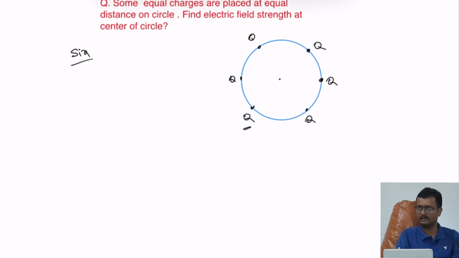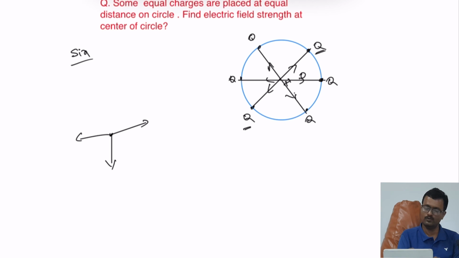Then everyone has exactly an opposite diagonal charge. A unit positive charge is repelled by both in opposite directions, so the resultant vector becomes 0. The sum of all resultant vectors is 0 at the center.